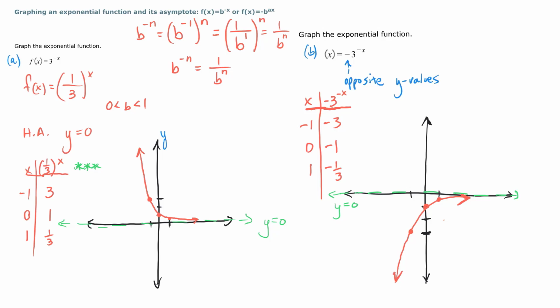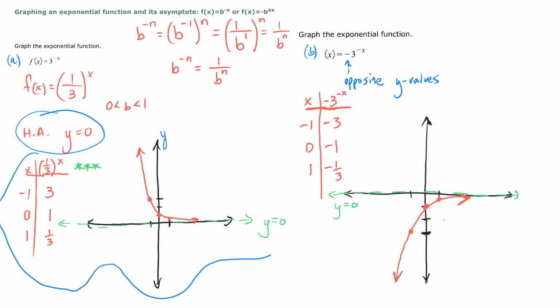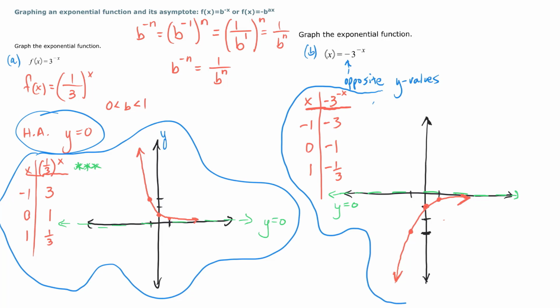You need to show all your labels, your horizontal asymptote, your labeled ordered pairs, and your graph. So that right there is all the evidence you need to show. Same thing over here. What evidence do you need to show? All your ordered pairs, your horizontal asymptote that's labeled, and your graph, and the arrows to match your domain and range.